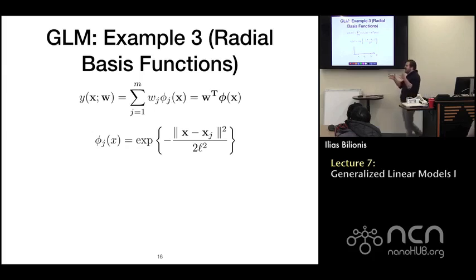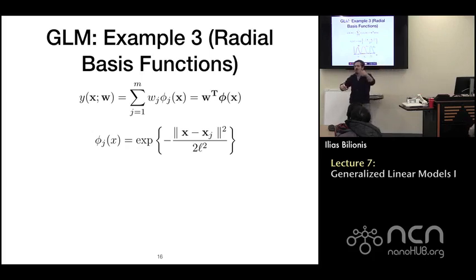And you pick a Gaussian around each one of the x's as a center. So here's the first one, that will be phi1. Here's the second one, that will be phi2. Here's the third one, phi3.